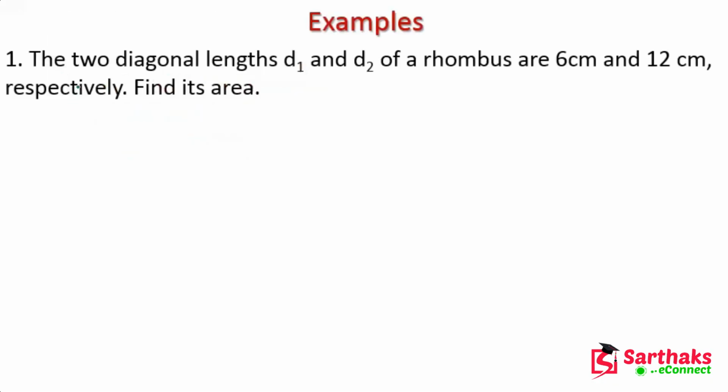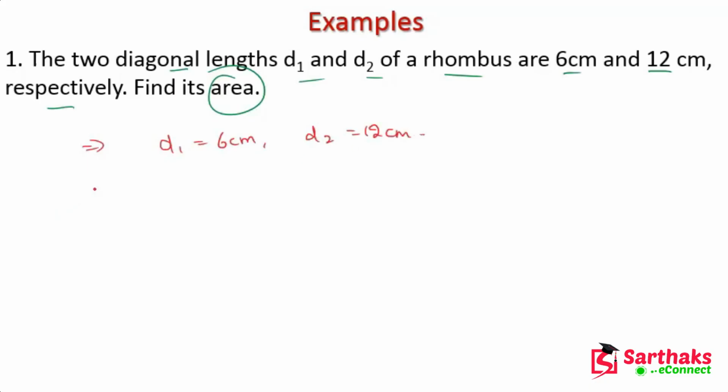Now let's see the examples related to the topic. The two diagonal lengths d1 and d2 of a rhombus are 6 and 12 centimeters respectively. We have to find the area of the rhombus. This is very easy. We know that d1 is 6 centimeter and d2 is 12 centimeter.